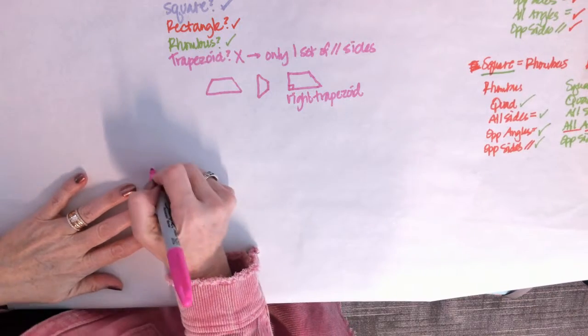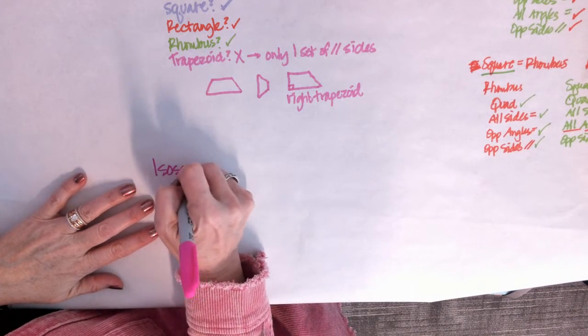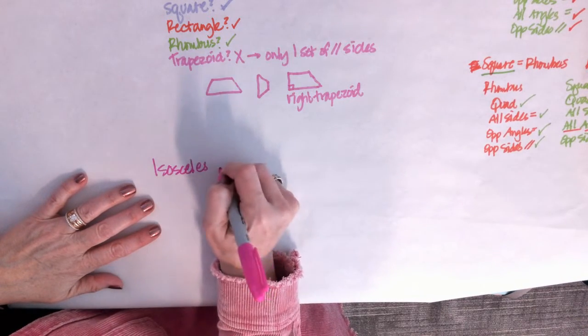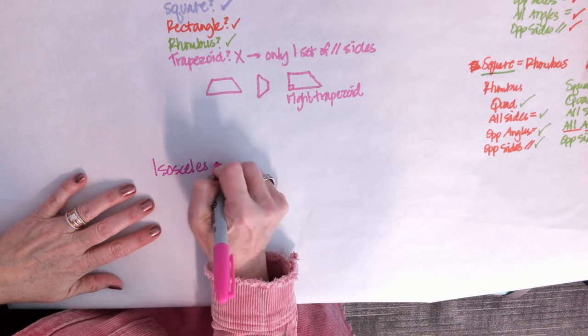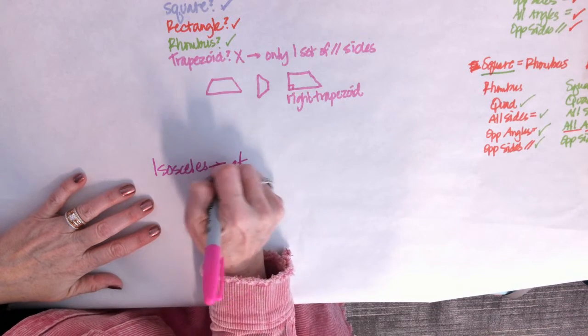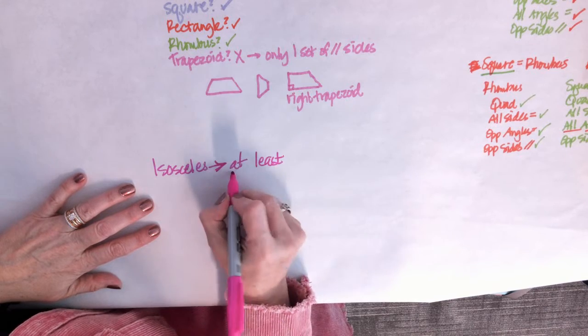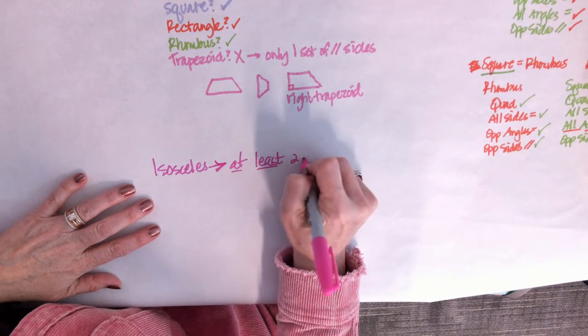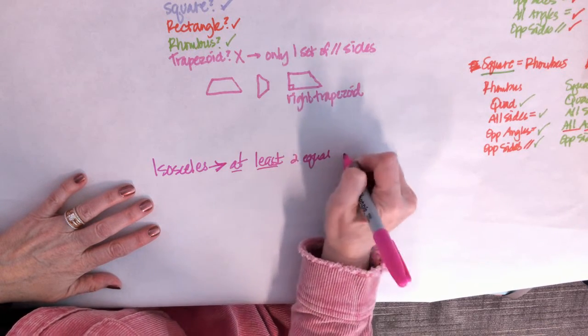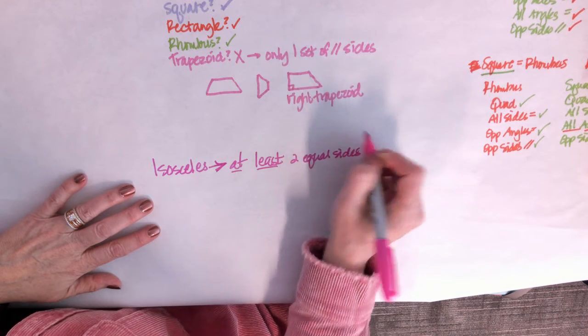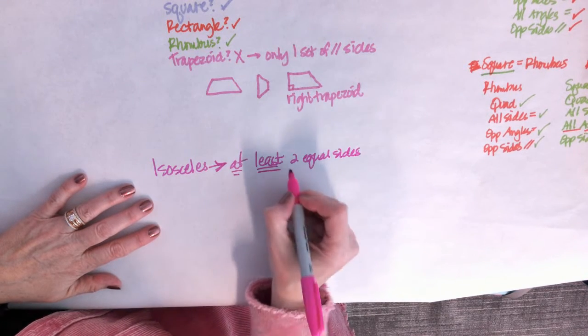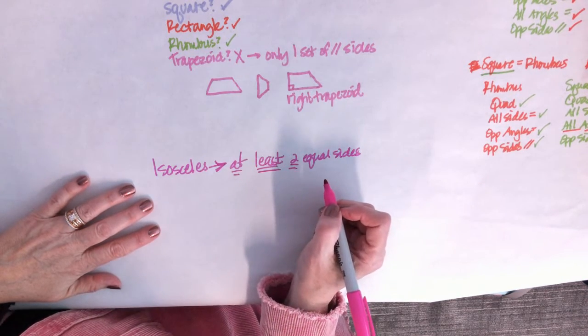Isosceles triangles means at least two equal sides, or two congruent sides. When it says at least two, it could be more than two.